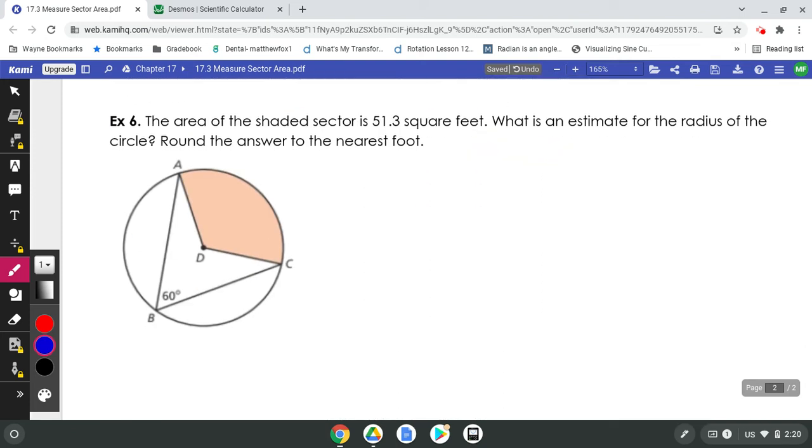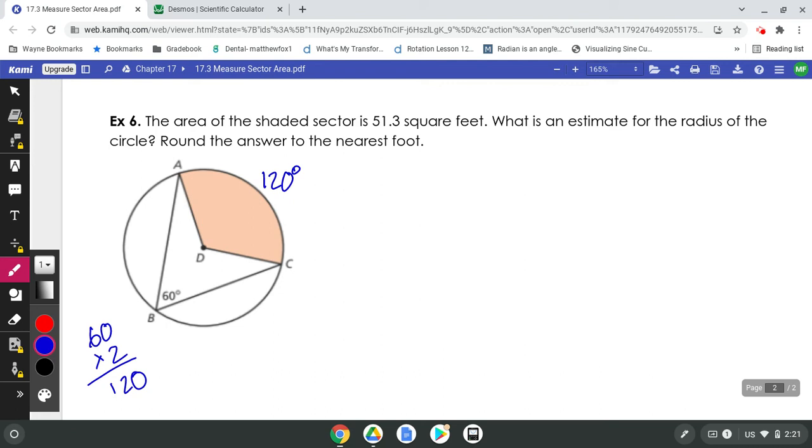It tells us the area of the shaded sector is 51.3 square feet. What is an estimate for the radius of the circle? Round to the nearest foot. If we think about this one, we know that angle ABC, right here, A to B to C, is 60. That is our inscribed angle. Whenever we have an inscribed angle, the arc is double that. So 60 times 2 tells us that our arc from A to C is 120 degrees.